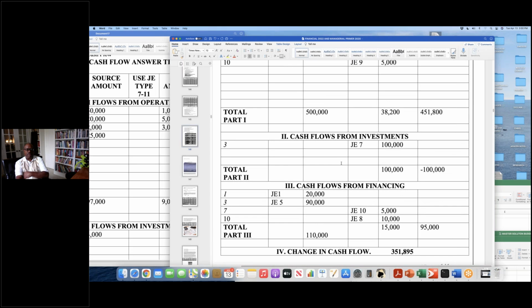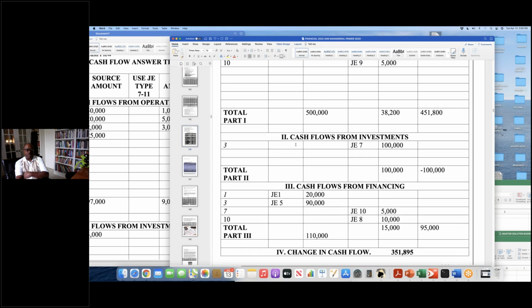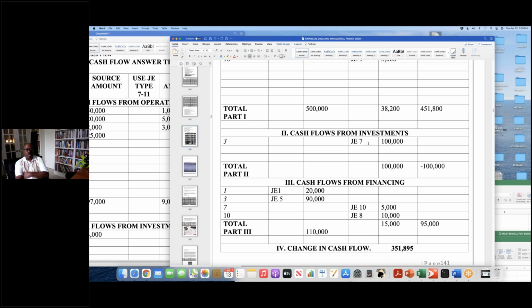There's cash and investment. These are all long-term assets. So if you sell a long-term asset, it's a source. If you buy a long-term asset, it's a use, which we like the company to do. And remember we talked about the fact, what's going to happen if you sell your car, go to Vegas?